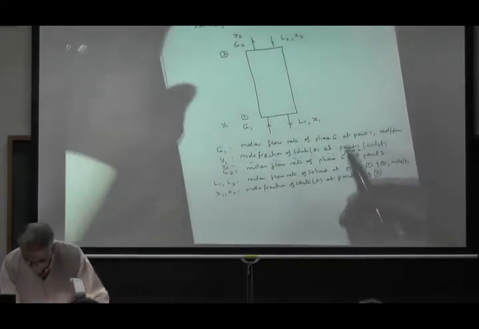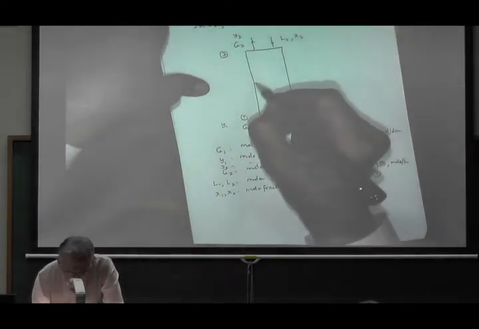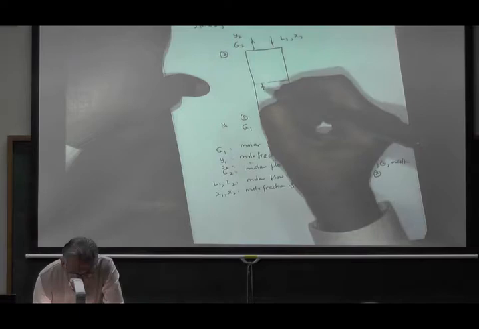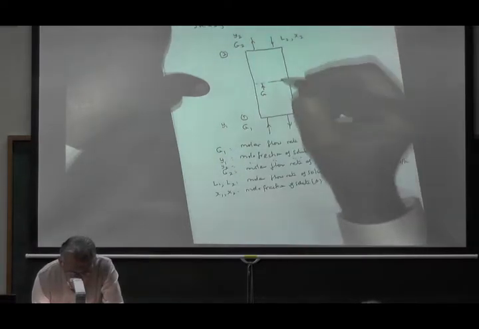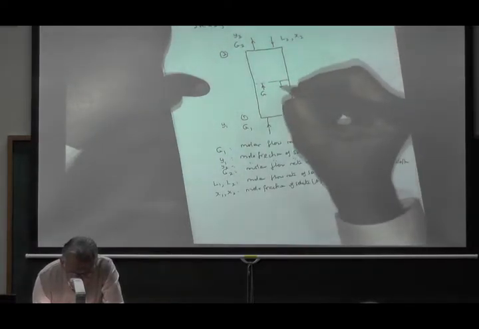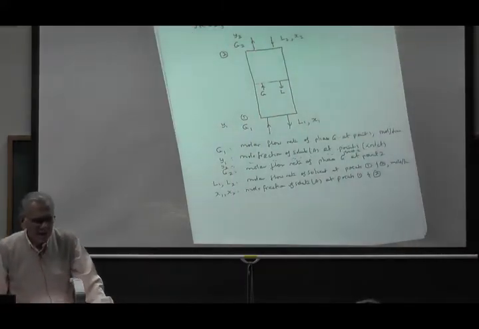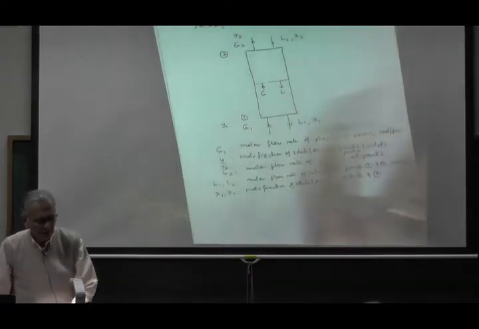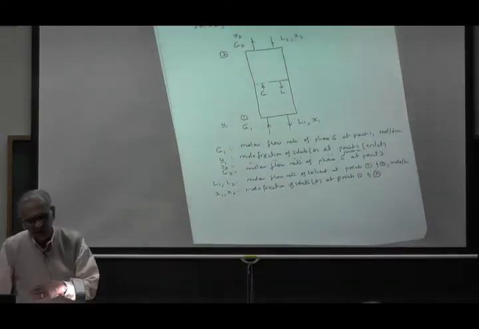Now, at any point we have some G and some L. L is the flow rate of solvent plus whatever A is in it at that point in the tower.